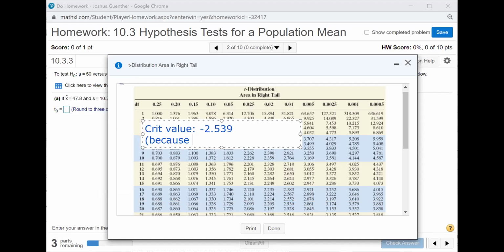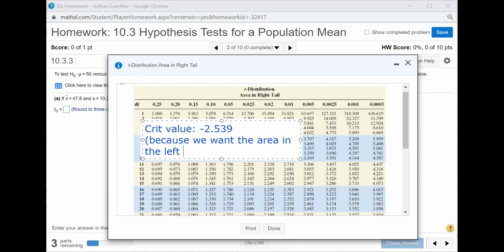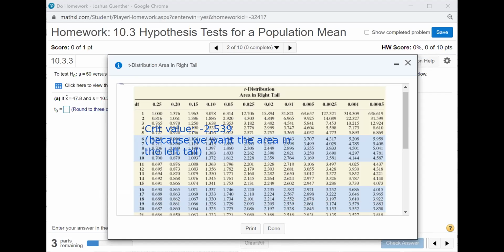Because we want the area in the left tail. The T bell curve is symmetric about 0. So if you want any T values down here, they've got to be negative. T values up here would be positive, but T values down here would be negative. Sorry, let me show you what I'm seeing.